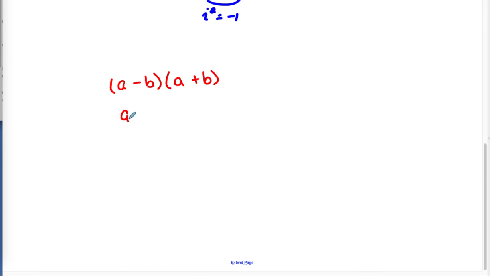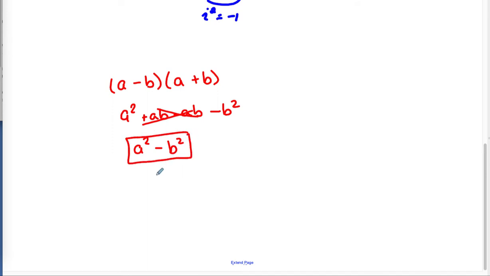We knew that we would have gotten a squared plus ab minus ab minus b squared. So we know these middles drop out, and we're left with a squared minus b squared. That is a very important thing to remember if you'd like to be able to divide quickly.